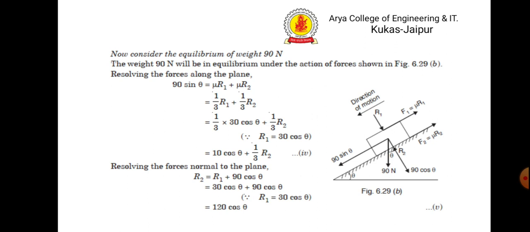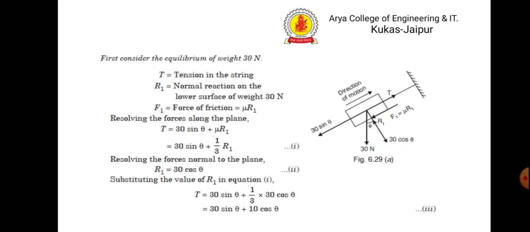For R2, F2 will be the next frictional force, equal to mu into R2. Now if we resolve the forces along the plane, then 90 sin theta downward will be equal to F1 plus F2, that is mu R1 plus mu R2. So it is 1 by 3 into 30 cos theta plus 1 by 3 R2, because we found earlier that the value of R1 is 30 cos theta.